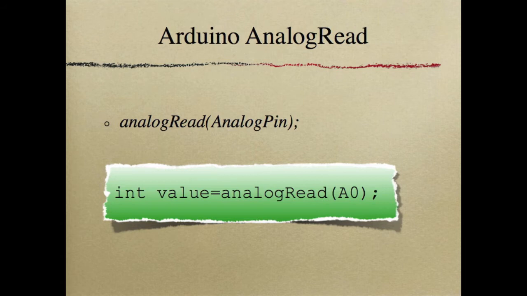So you can just use the analogRead function to read from the analog pin. In this example, I read an input from analog pin A0. Since analogRead will return a value, I just declare a variable value to hold the data reading from the analog pin.